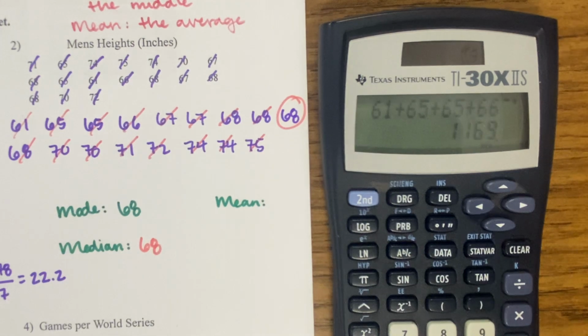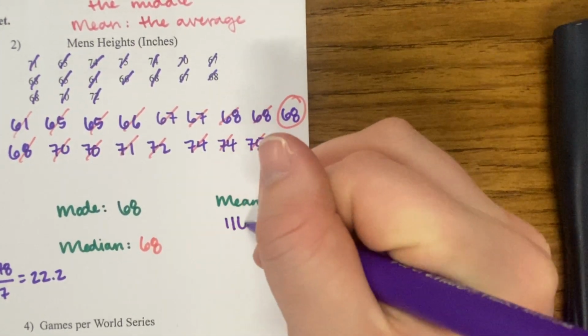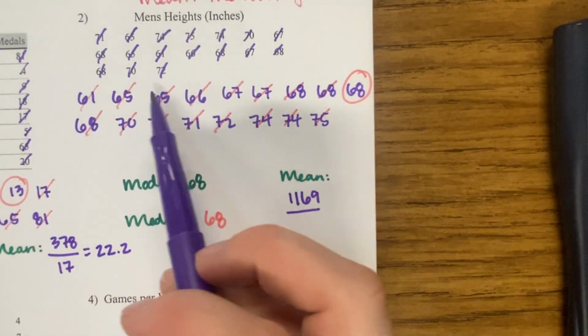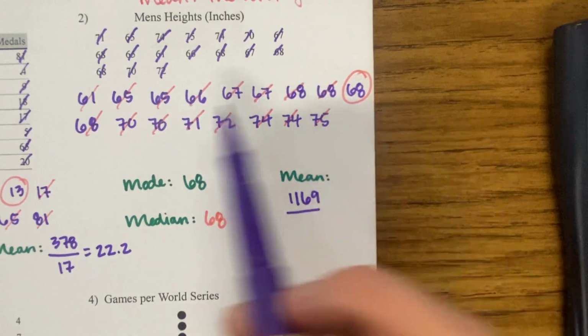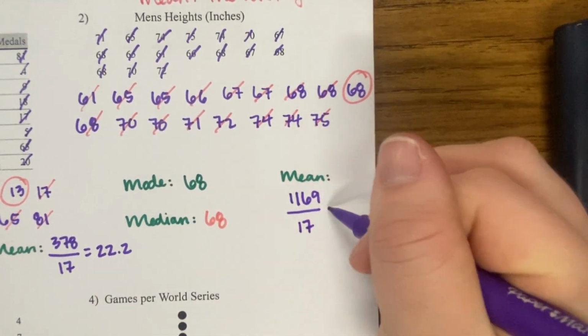Okay, so we get a total of 1,169, and we're going to divide that by 17.